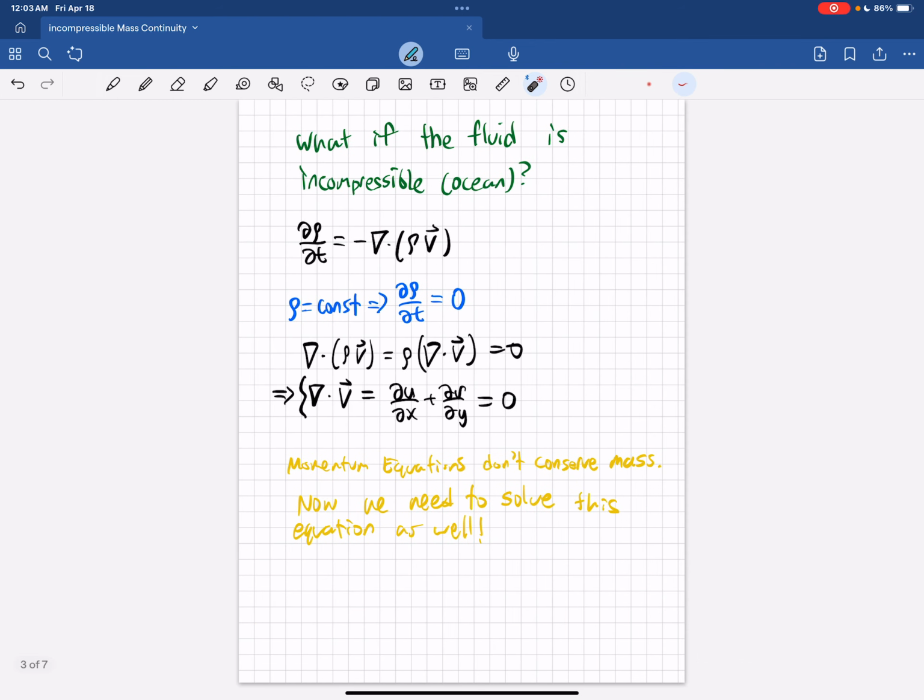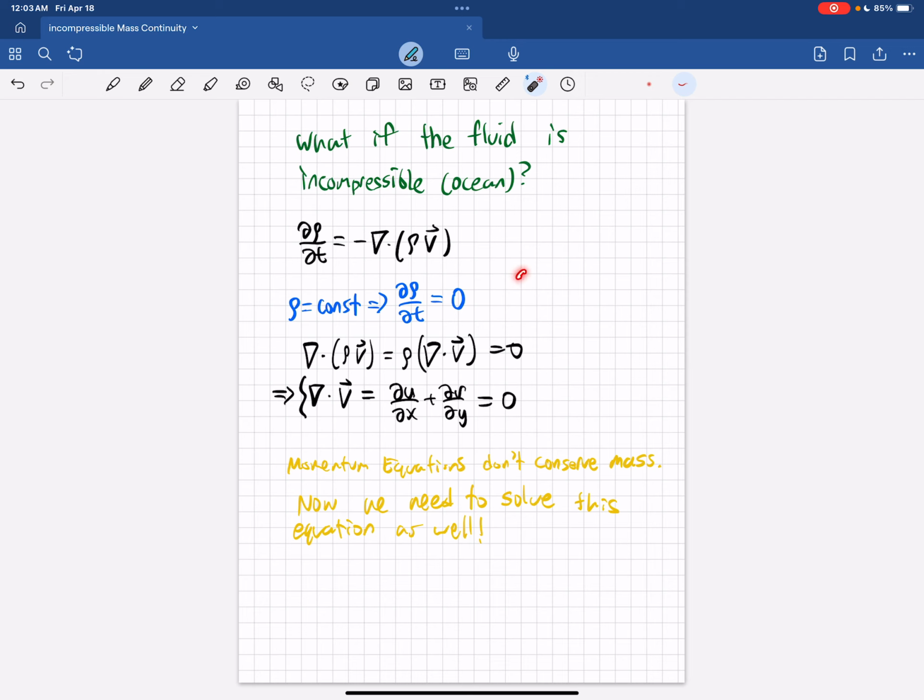But what if the fluid is incompressible? So this is the equation we just had for the mass continuity. Basically, mass is neither created nor destroyed. But in an incompressible fluid, rho pretty much stays the same. It's very, very constant. So if you look at a single location, the density is pretty much going to stay the same.